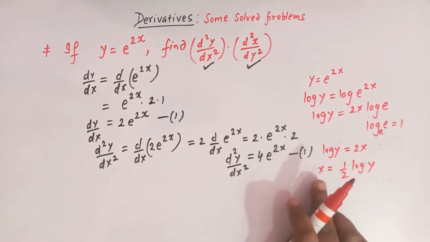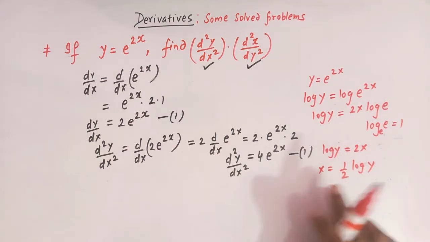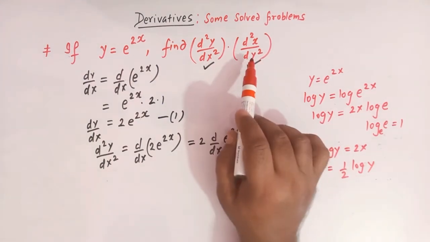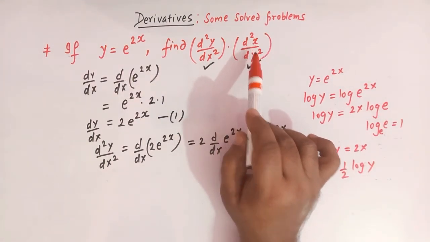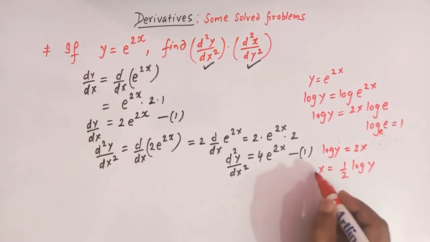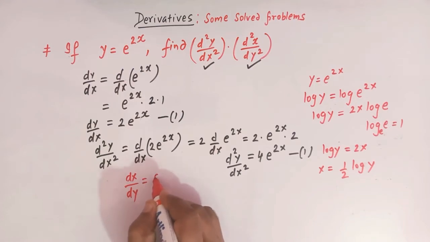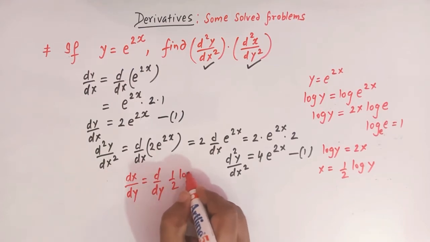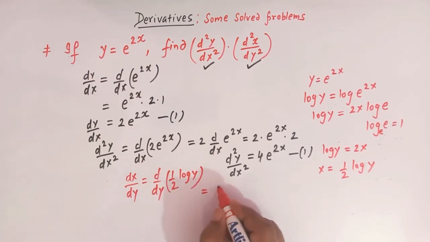Okay, so now we have obtained the value of x in terms of y. Now differentiating both sides with respect to y, because here we want to find the second derivative of x with respect to y. So we have dx over dy is equal to d by dy of half of log y, and half can be taken outside.